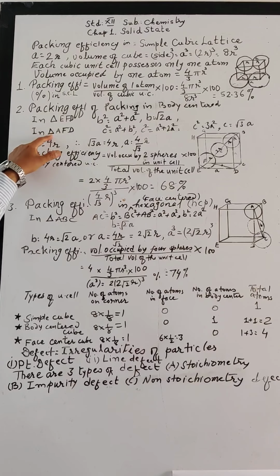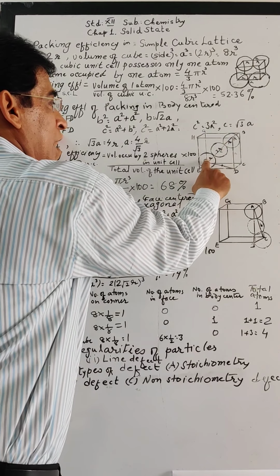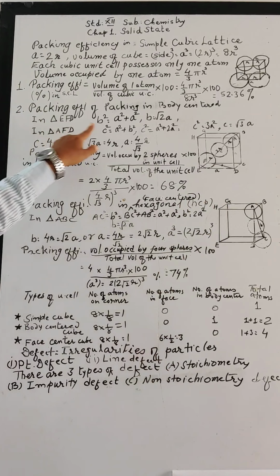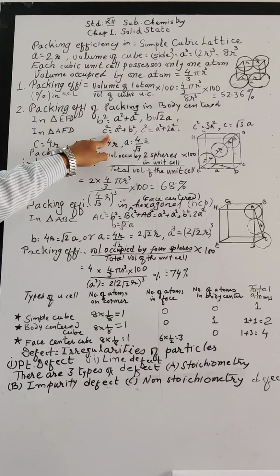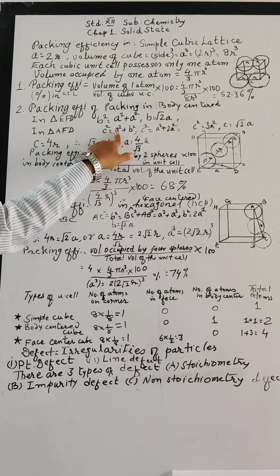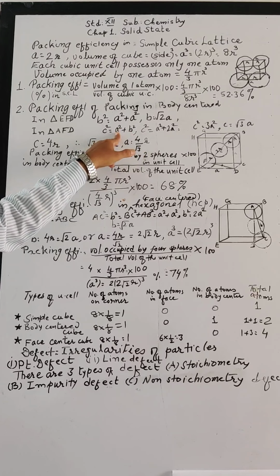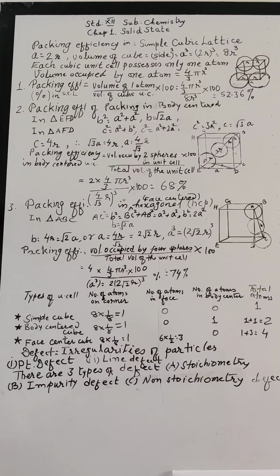And in triangle AFD, C square, hypotenuse square, is equals to one side square plus another side square, that is A square plus B square.